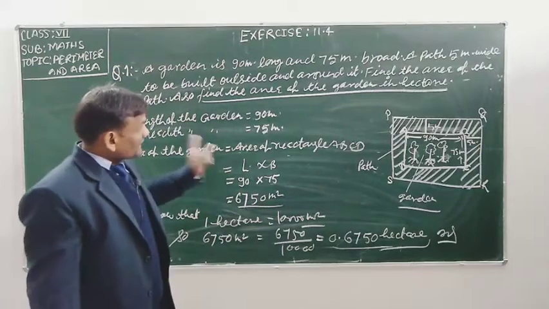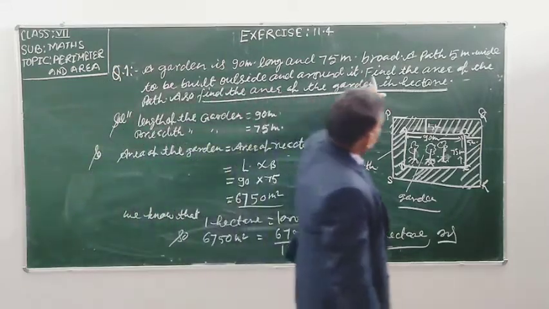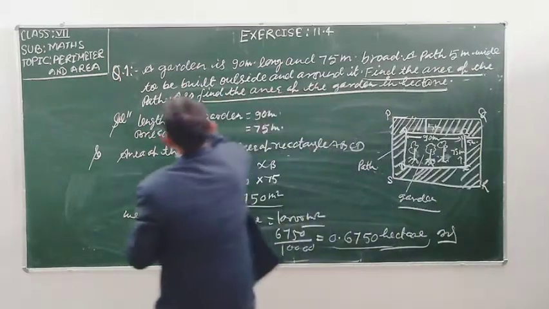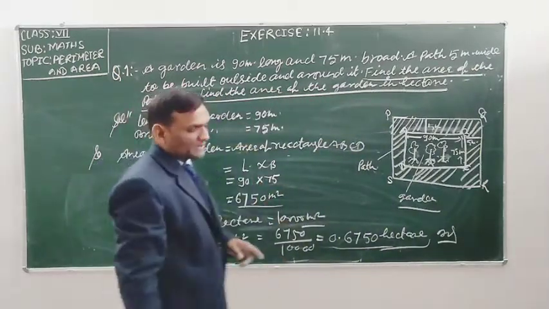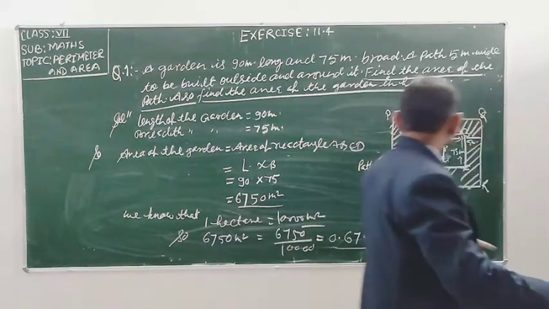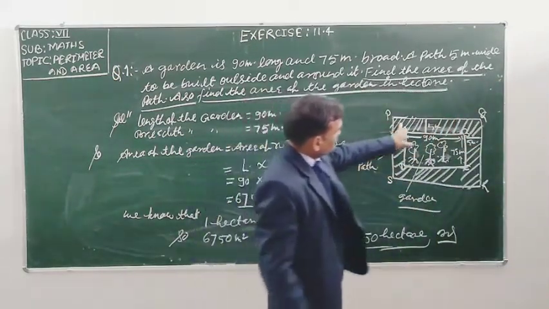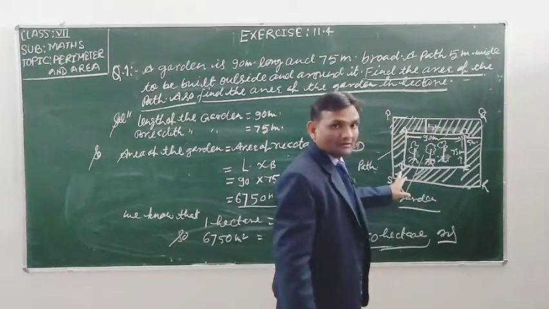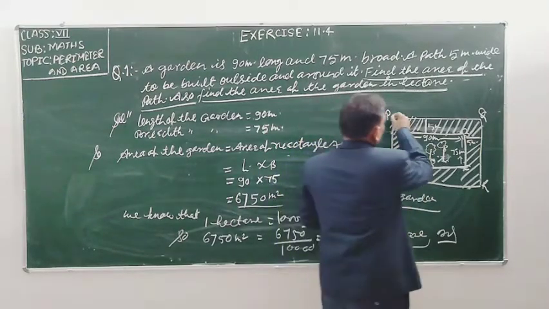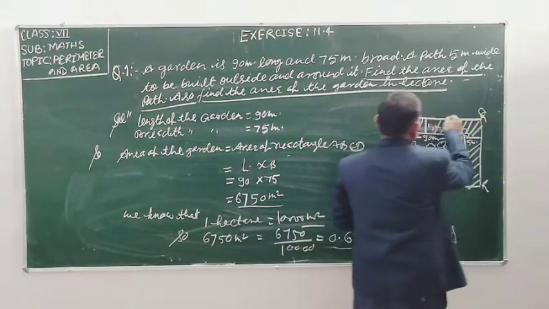The second question is asking me to find the area of the path. So students, for finding the area of the path, this shaded portion, firstly we find the length of the path.